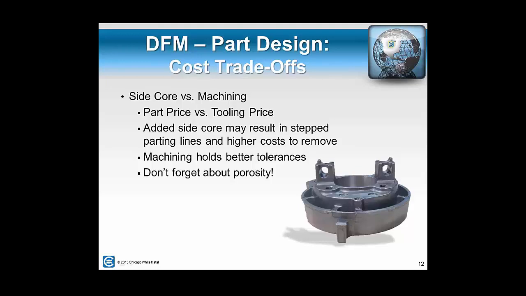Some things to consider when looking at this: if you add side cores to the part to cast in those holes, there may be parting line areas that are going to be somewhat visually unacceptable, or visually unappealing, let me put it that way. And you may have to have those removed depending on where they are and what your cosmetic requirements are. Machining after the fact, after casting, is obviously going to be able to hold tighter tolerances.